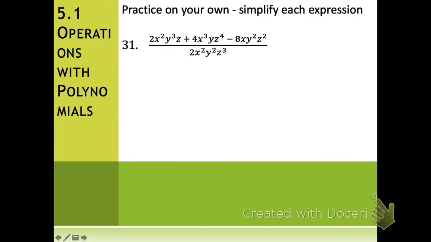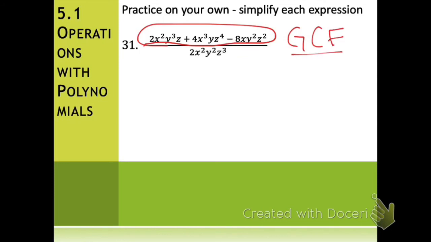Okay, problem 31. Similar to the last problem, try it on your own, and I'll come back and go over it. Okay, we are going to factor the top. The bottom is just one thing, so we don't really need to do much with the bottom, but we're going to pull out the GCF, greatest common factor, of the top.